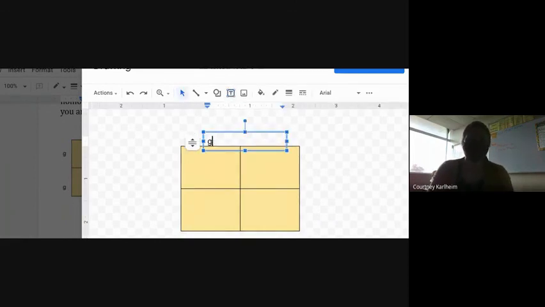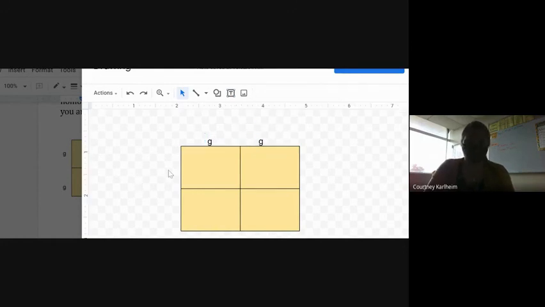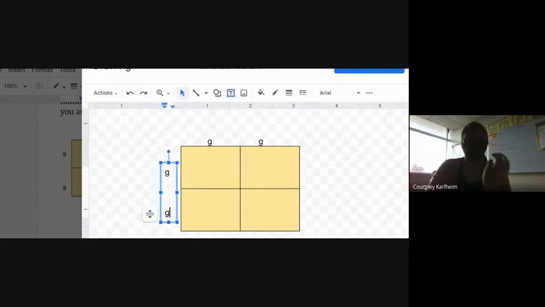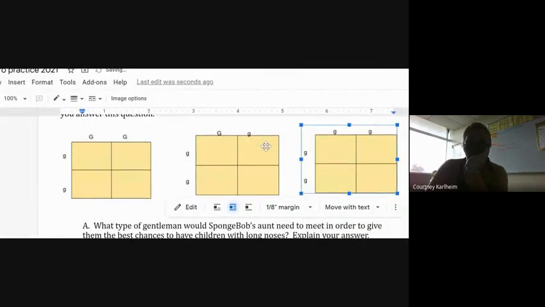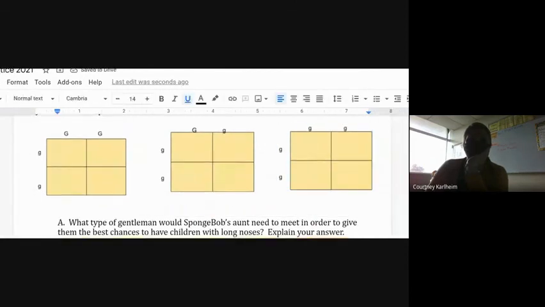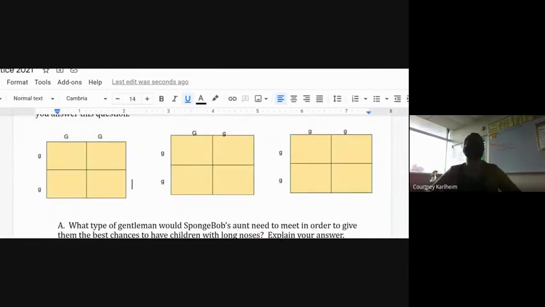So we're just trying to figure out what her best option is for getting the kids that she wants with all the long noses. All right, so you should set it up like that. And then that's the only question. You just have to figure out which one would give the most or the best probability of having a long shaped nose. Oh, I can stop recording now. Yay.